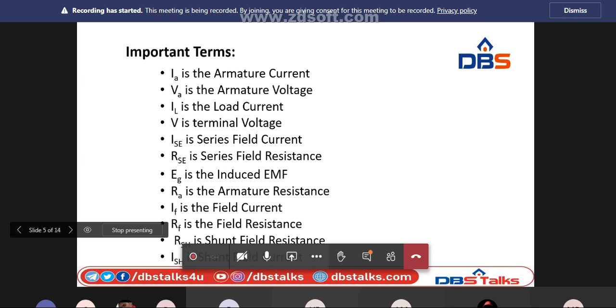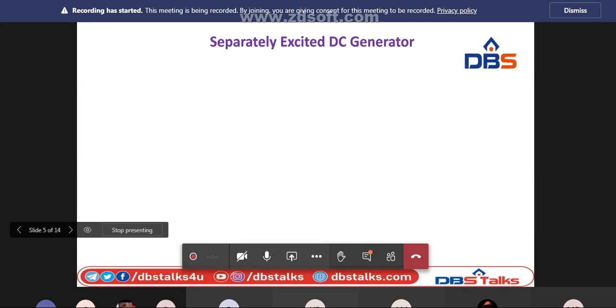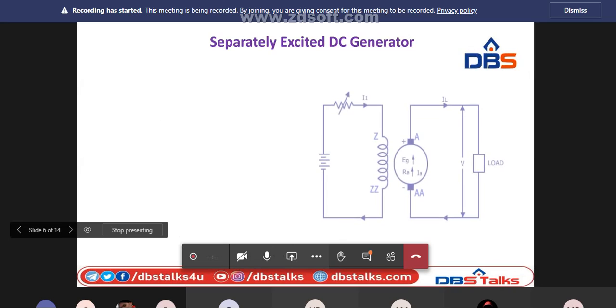Don't be confused; these terms are related to all types of generators. Some terms are not related to the shunt generator, some not related to the series generator, but all these terms may be related to the generators. First, go for the separately excited DC generator.